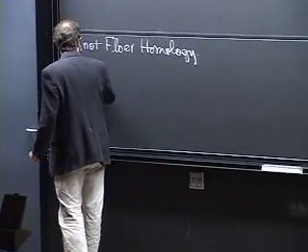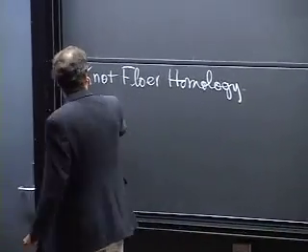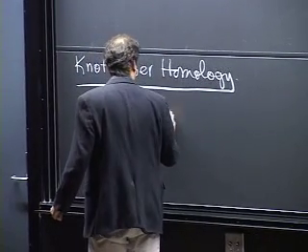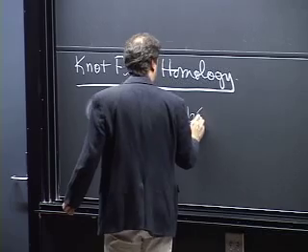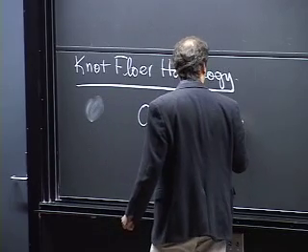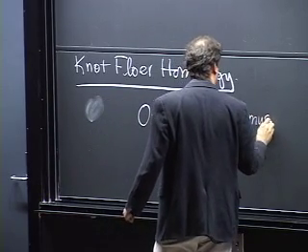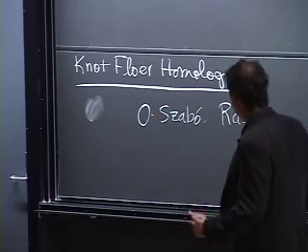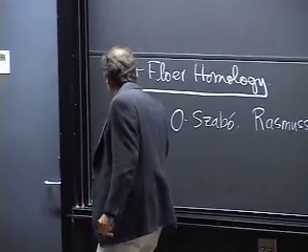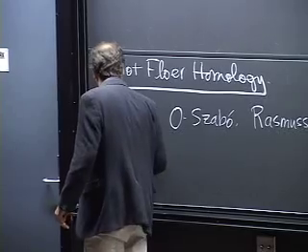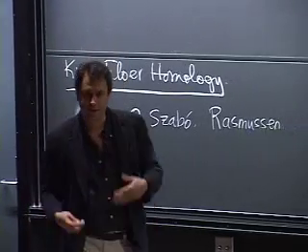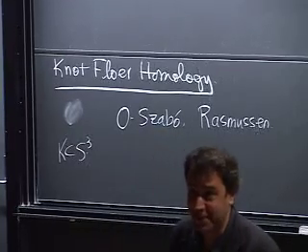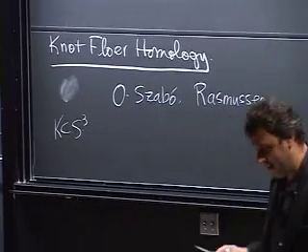So knot Floer homology, the version that I'm going to describe right now, is an invariant which was defined in joint work with Zoltan Szabo. The construction I'll describe was also independently discovered by Jake Rasmussen. And the invariant associates to a knot in the three-sphere, though there are generalizations to null homologous knots in an arbitrary three-manifold, but that's the sort of thing one's not interested in a public lecture.